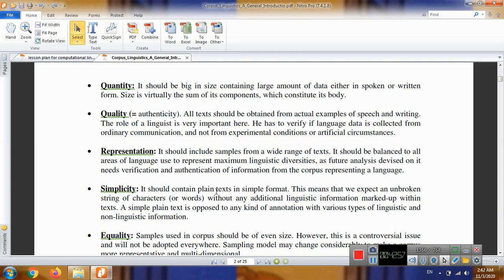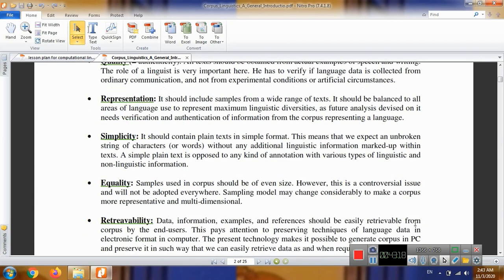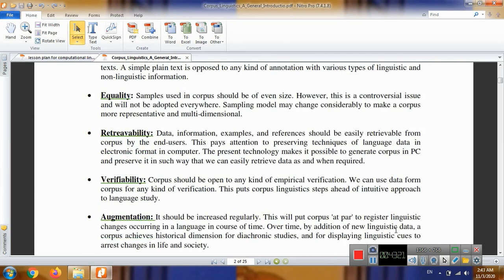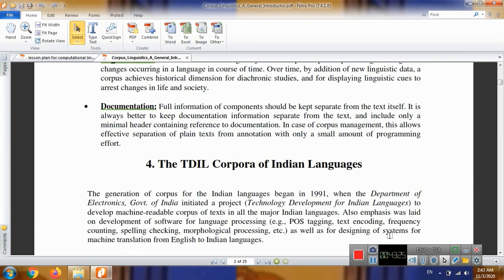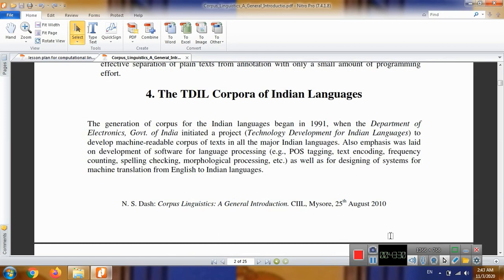It should be balanced across all areas of language used to represent maximum linguistic diversity. As a future analysis device, it needs verification and authentication of information from the corpus representing a language. And for the other features which you can see here, I explained them for you. You should know their outstanding features.